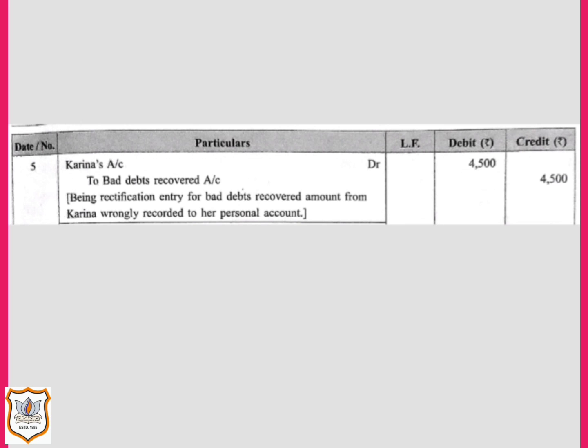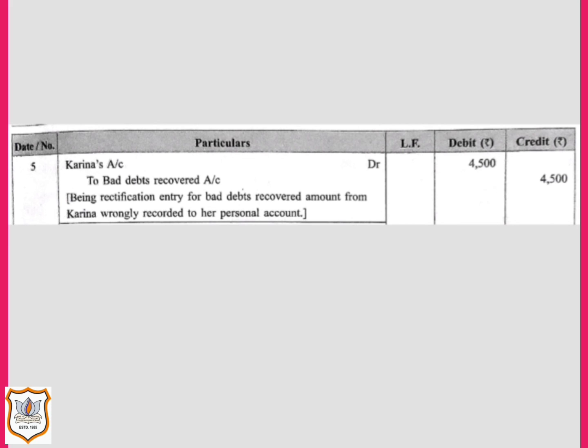Here it is. In the question, cash account is debited, which is correct, but Karina's account should not have been credited. So here we will apply the principle undo what is wrong. Here the wrong entry passed is that Karina's account is credited. So we will reverse it. So here Karina's account will be debited.